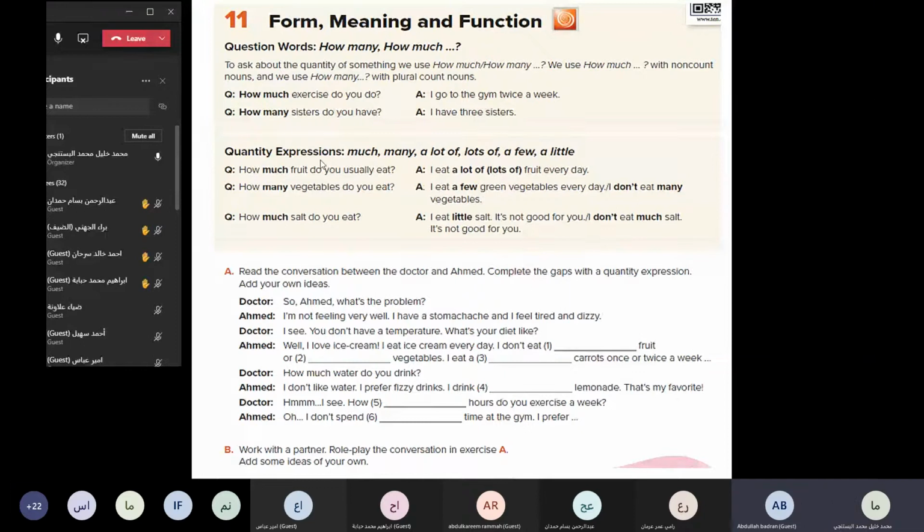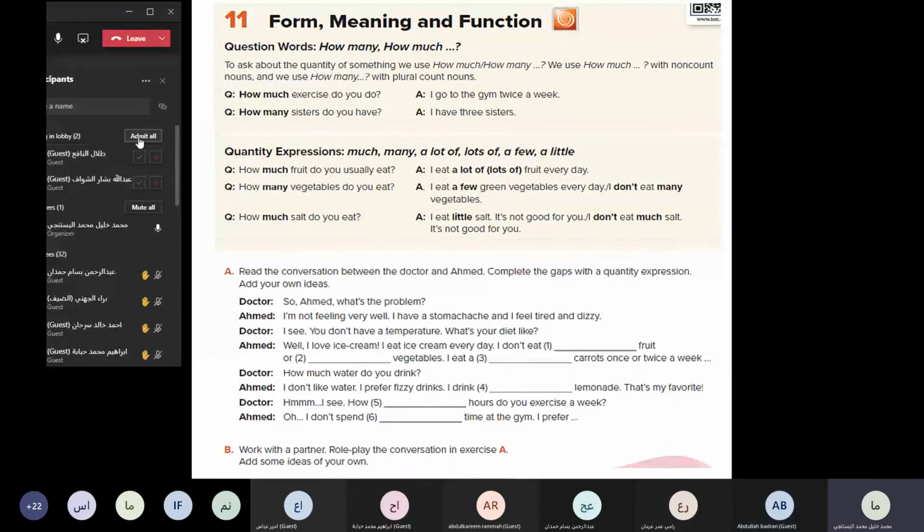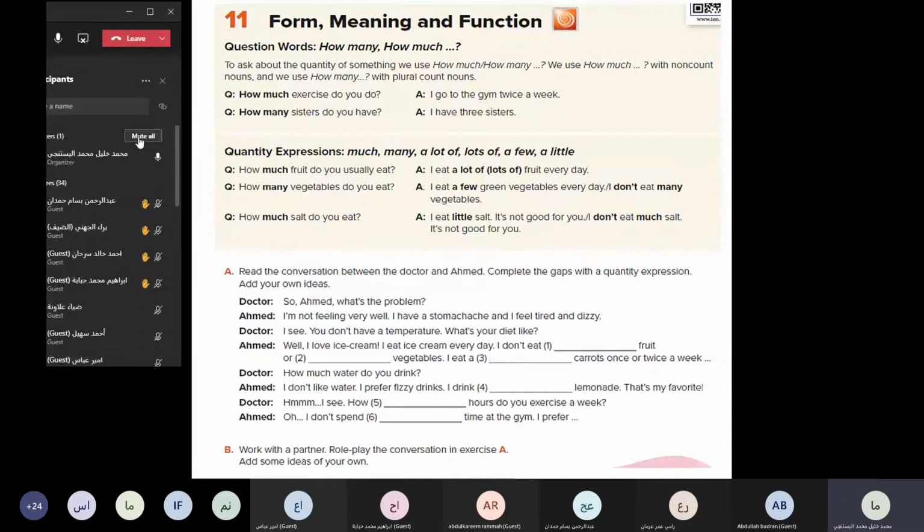So a few is used with plural countable nouns. What does it mean, a few? It means not many, but enough. Okay? A few means not many, but enough. A little means not much, but also enough.